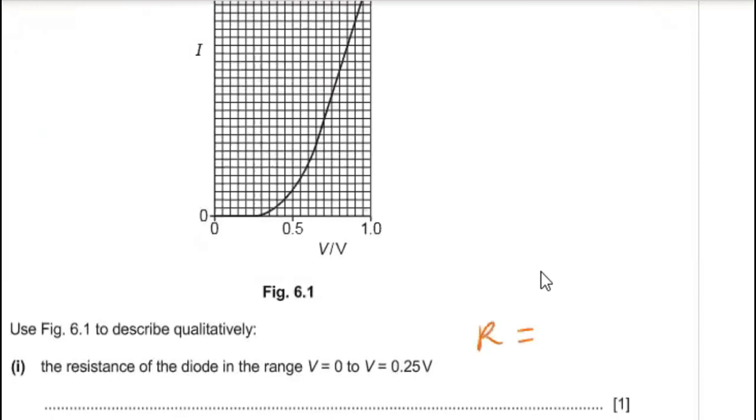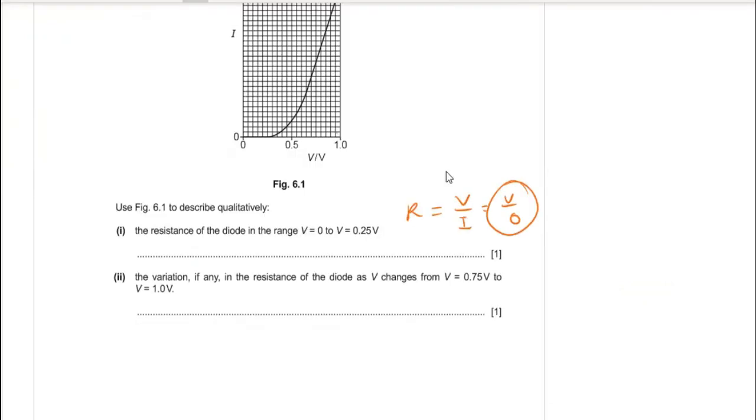Resistance from Ohm's law is given by V over I. If I is 0, it means the value of resistance is very, very large. So we can say the resistance is infinity, a very high value.